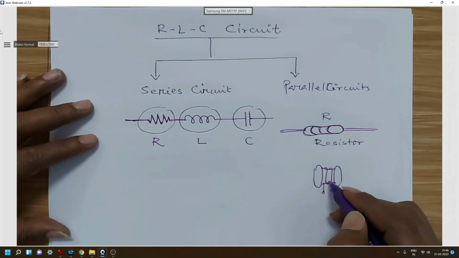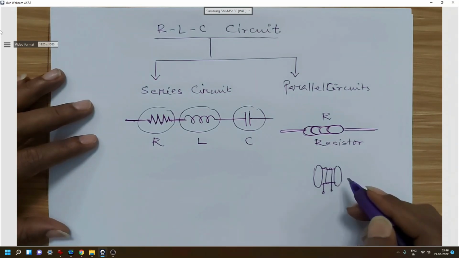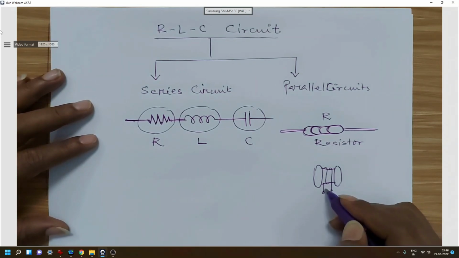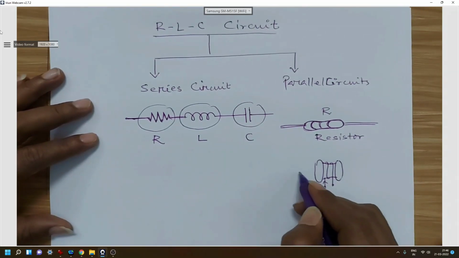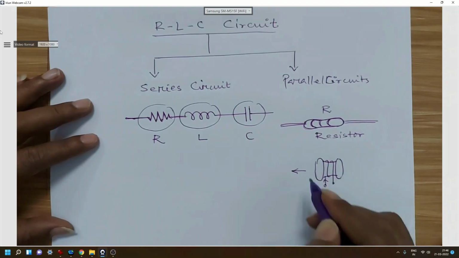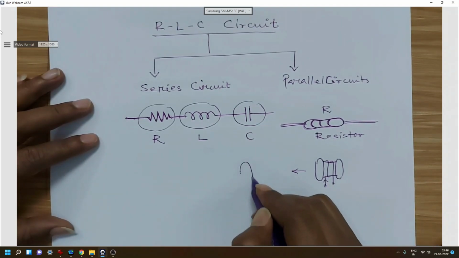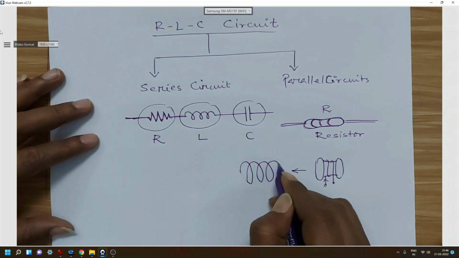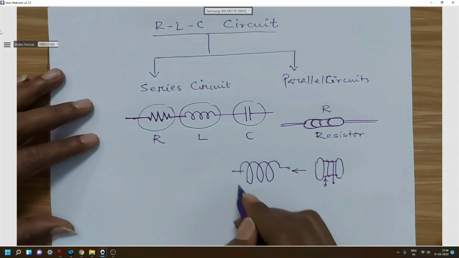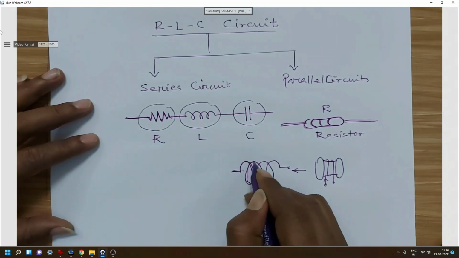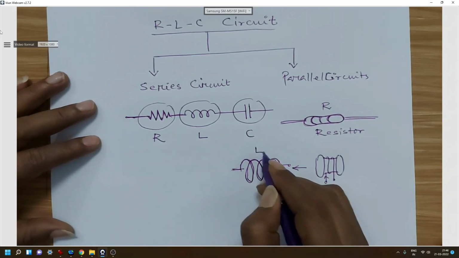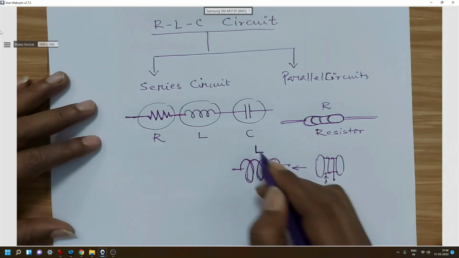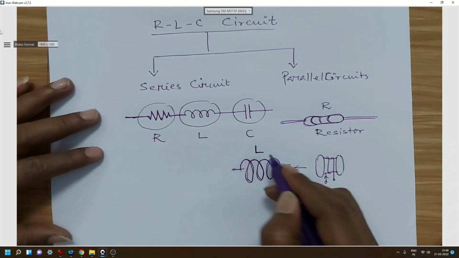Similar turns or threads will be there, but not cotton thread; it will be metallic wire, so that current can flow through these conductors. The turns of winding will create some inductance, and the symbol is continuous loops, either 3-4 loops, and the symbol of the property is capital L.